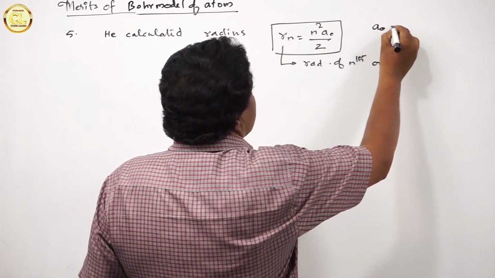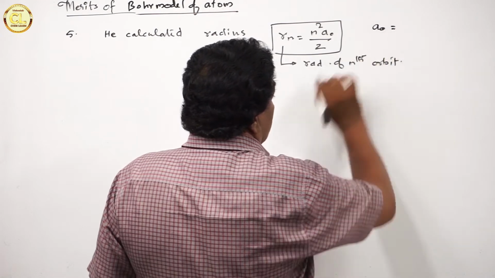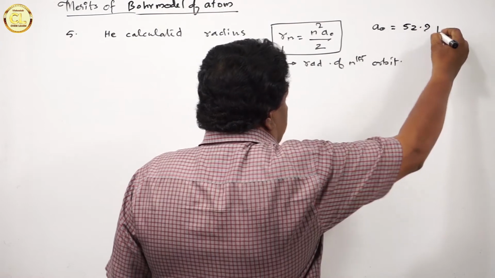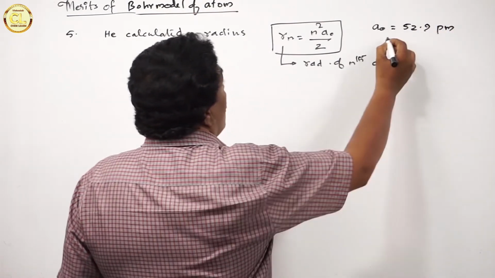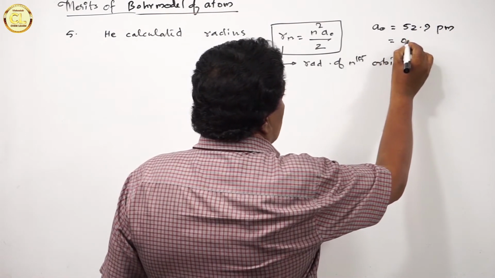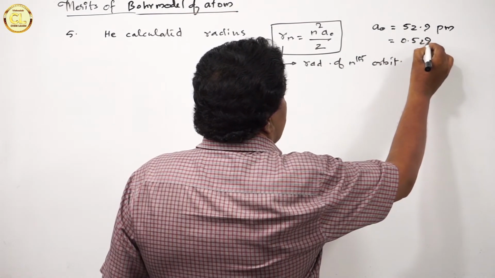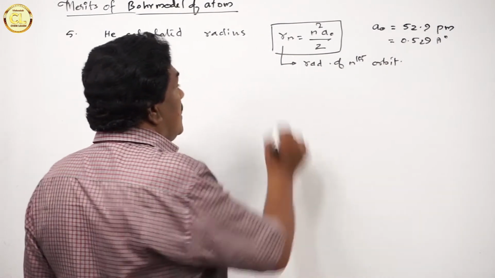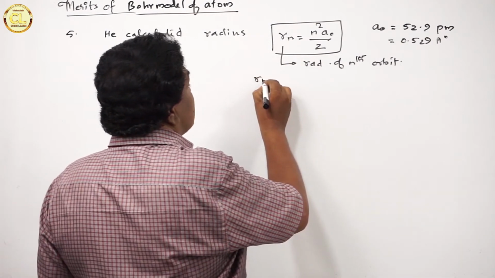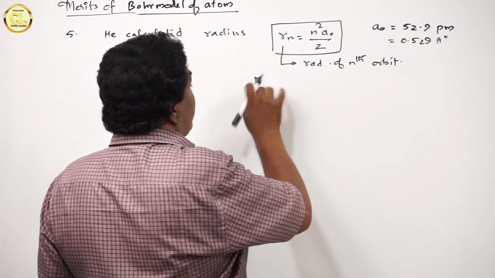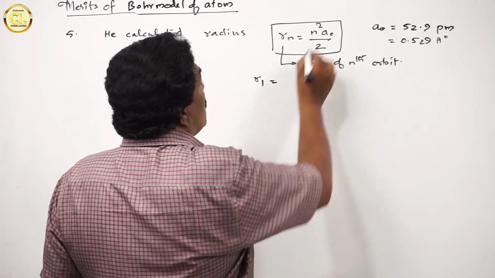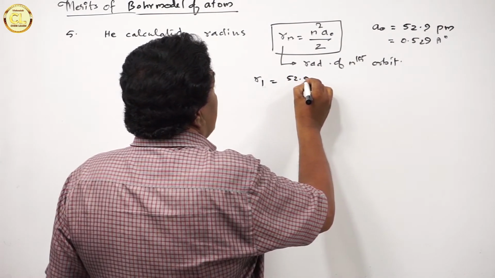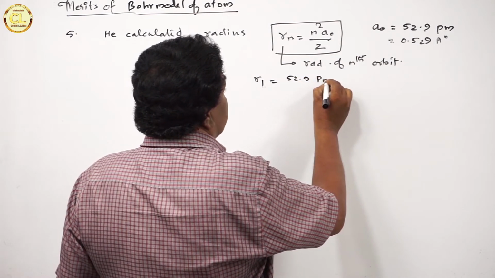And A0, the value of A0, is 52.9 picometer, or it is equal to 0.529 angstrom units. Therefore, Rn can be expressed as, for the first orbit, R1 is equal to 1 square into A0, that is 52.9 picometer.